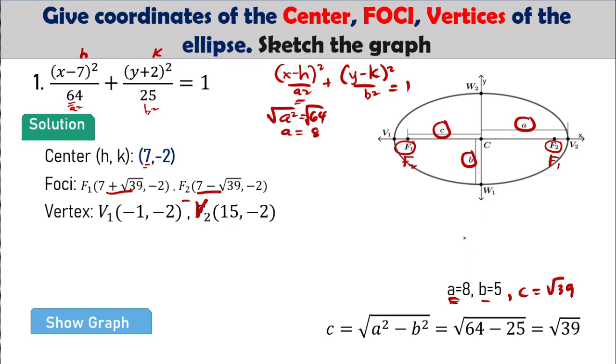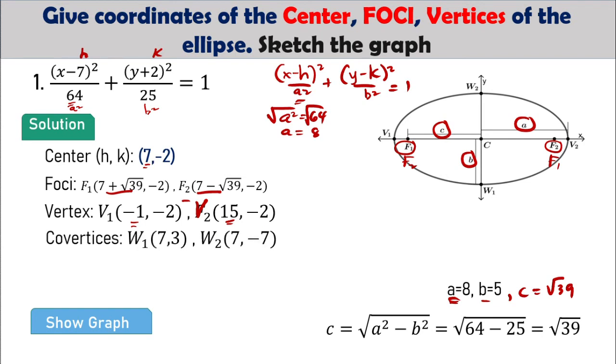First, 7 plus 8 gives us 15, and 7 plus negative 8 gives us negative 1. That's how you identify the vertices if the ellipse is horizontal.